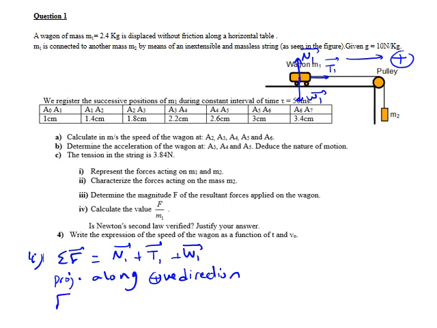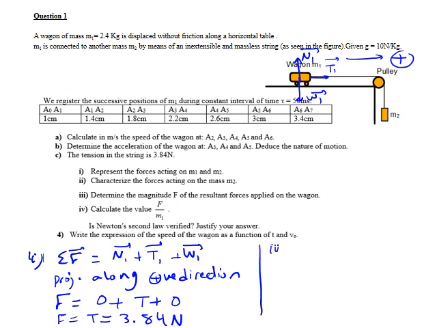So F equals N1 minus N1, plus T, plus W1 minus W1. So F equals T equals 3.84 Newton.